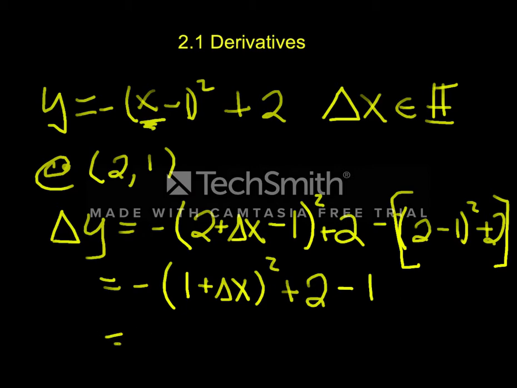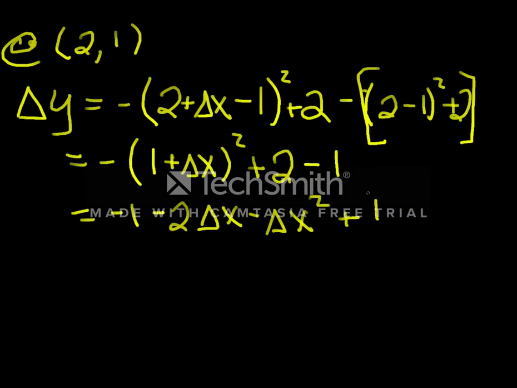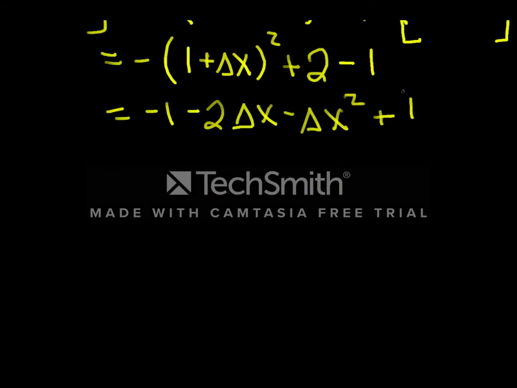And then expand this out, we get negative 1 minus 2 delta x minus delta x squared. And we can simplify here. 2 minus 1 is 1. And now continue to work out the algebra. The 1's cancel out, and what we get left behind is simply negative 2 delta x minus delta x squared.